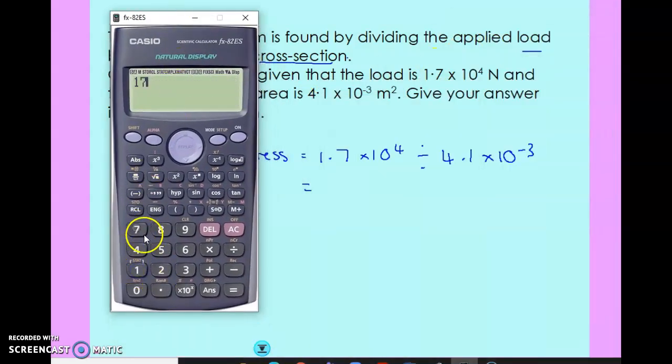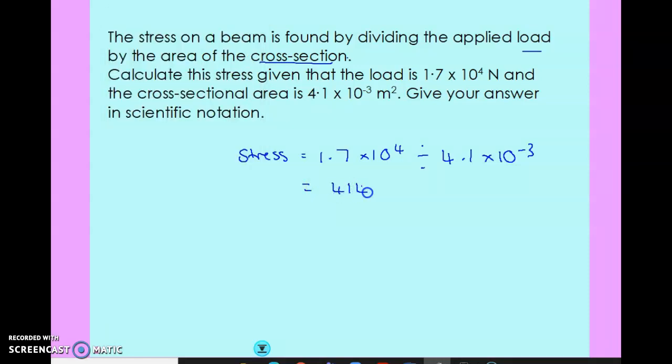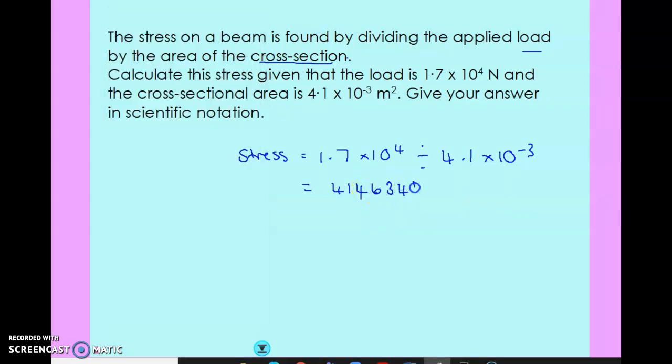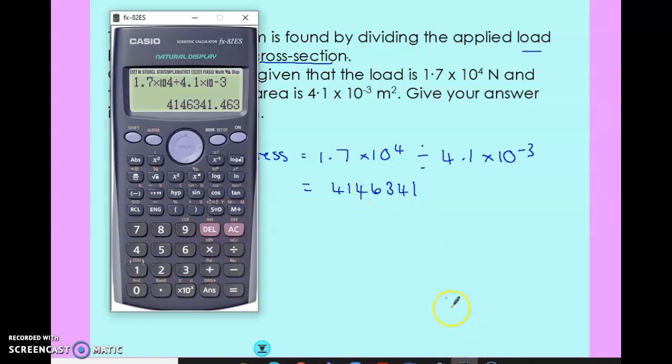Right, 1.7, not 17, 1.7 times 10 to the power of 4 divided by 4.1 times 10 to the power of negative 3. And that is 414.6341. It'd be an awful lot easier if my calculator would stay there.